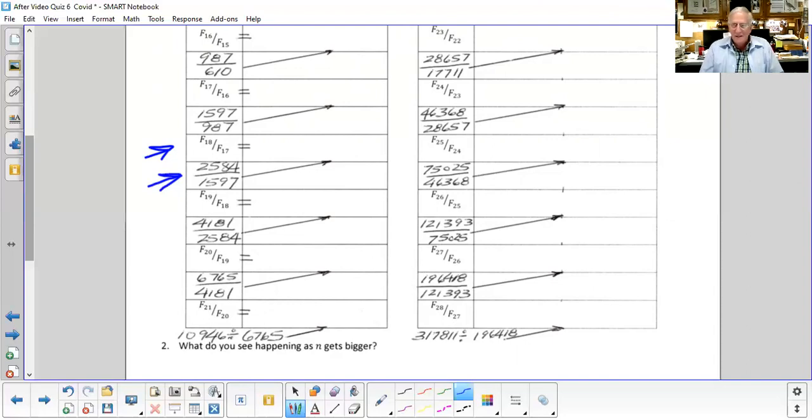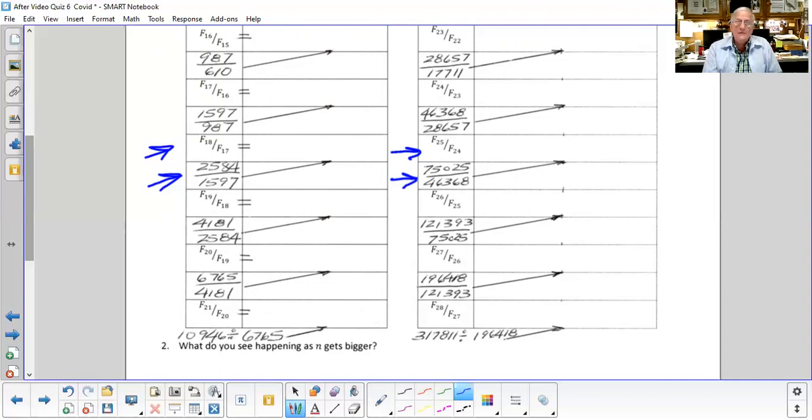Now, I'm going to assume you've done that. Now what I'd like you to do is go right across the table to this one, Fibonacci number 25, and divide it by Fibonacci number 24. So you're going to divide 75,025 by 46,368.